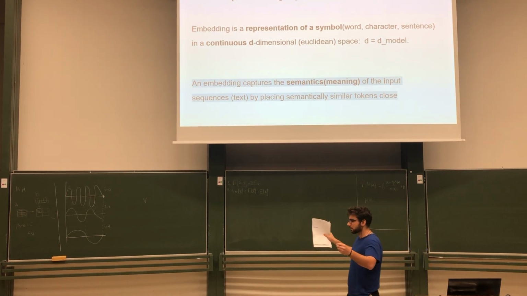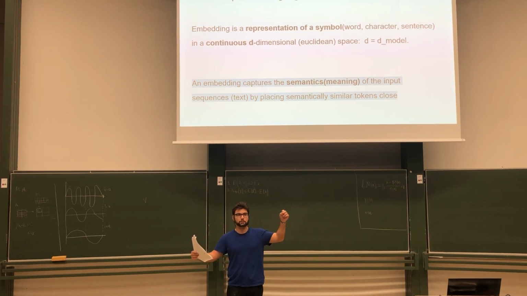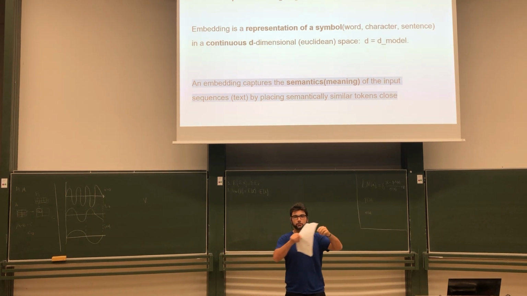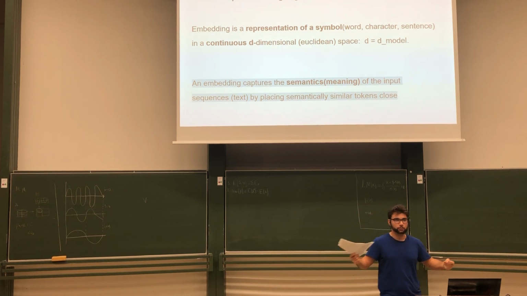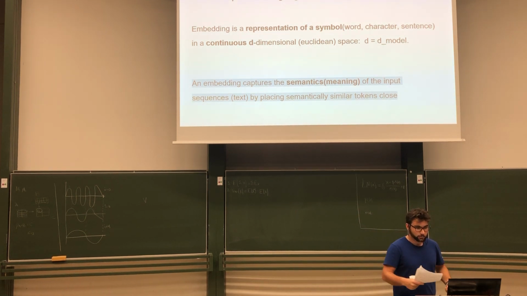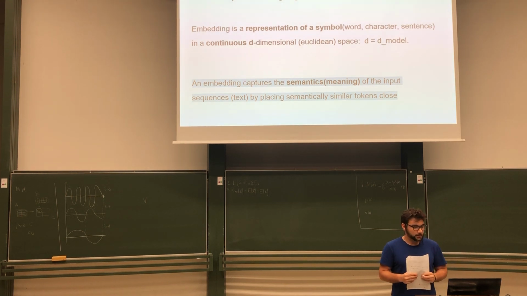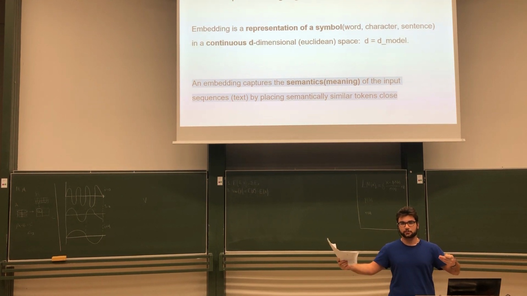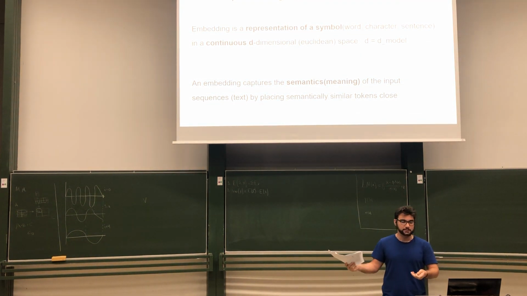For example, in the discrete case, when we want to do image classification, we just map the word that corresponds to the label of the image, for example dog, into a one-hot encoding. And this is fine, because we want to do image classification. But what about when we have natural language? There, words are not discrete symbols, and in all the cases in machine and deep learning where we don't have discrete symbols, we use so-called embeddings.